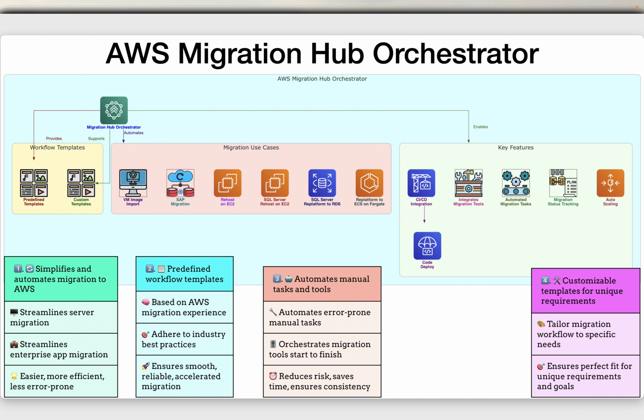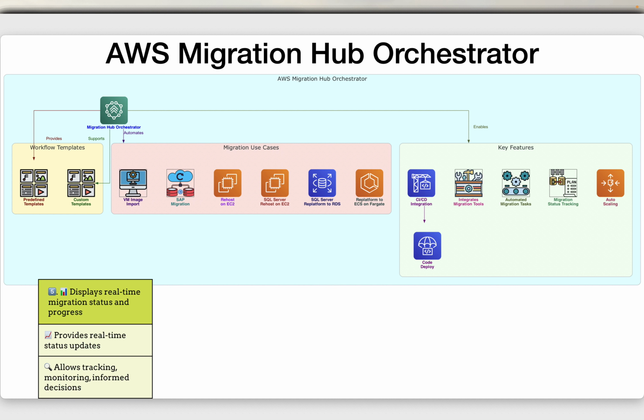You can tailor your migration workflow to your specific needs using customizable templates offered by Migration Hub Orchestrator, and this ensures a perfect fit for organizations' unique migration requirements and goals. You can stay informed about the progress of your migration with real-time status updates provided by Migration Hub Orchestrator.